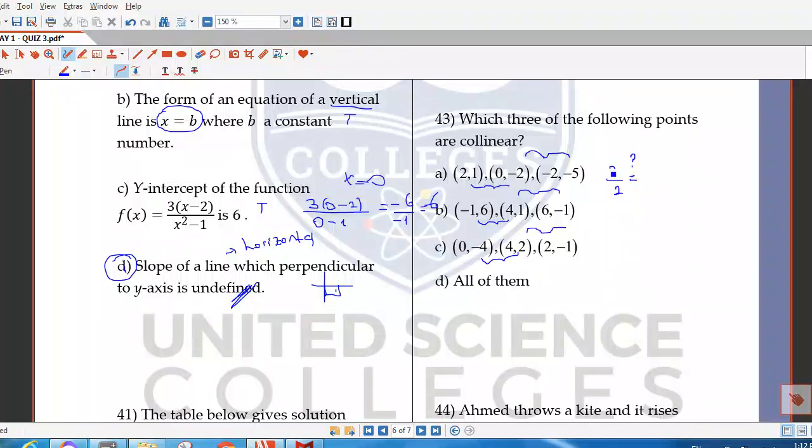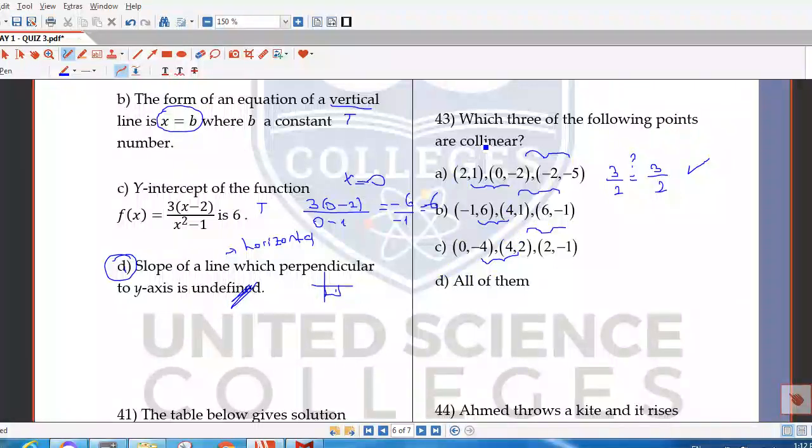Equal or not? At that time I will use the second point and the third point. Difference of y coordinate, minus 2 minus minus 5 becomes 3 over 0 minus minus 2 is 2. So the slopes are equal, they are collinear points.